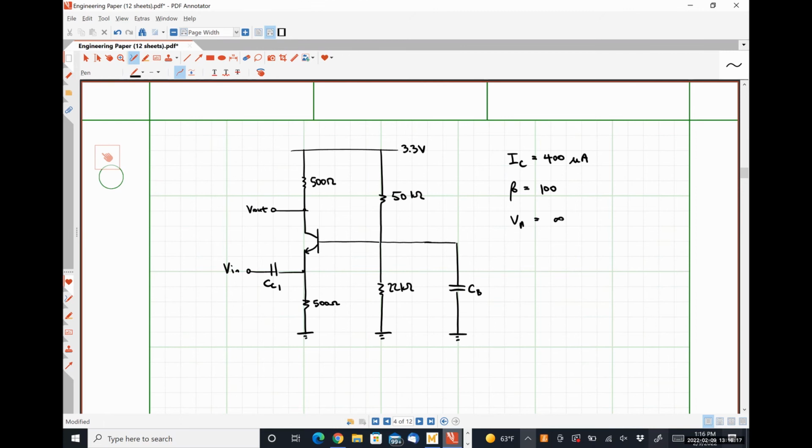So what are my small signal parameters? How do I calculate gm again? IC over VT. I get that to be 15.385 millisiemens.